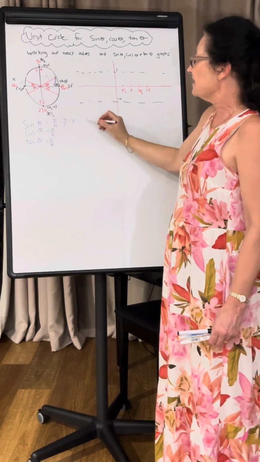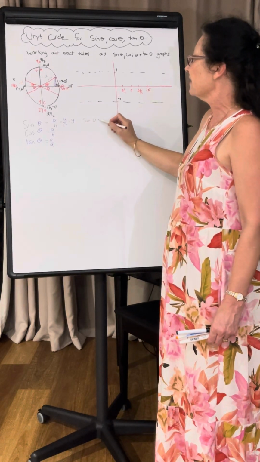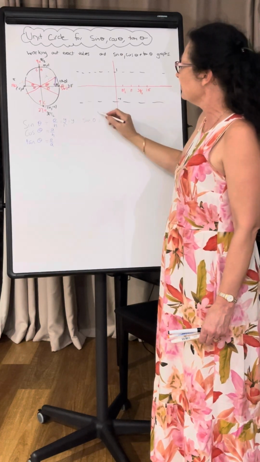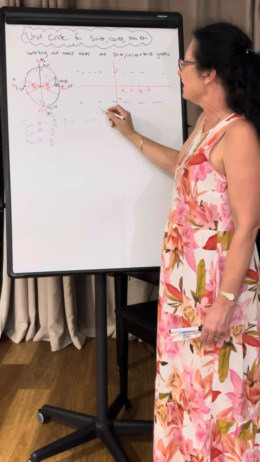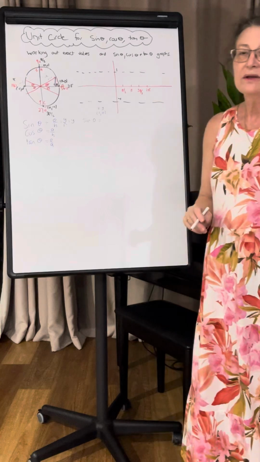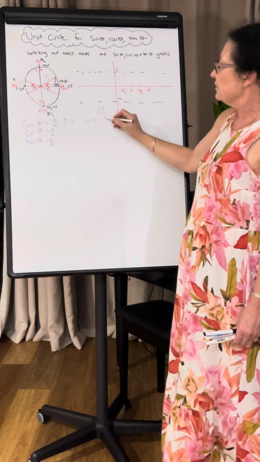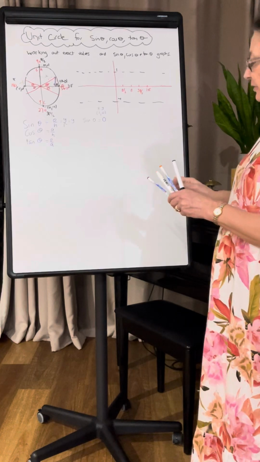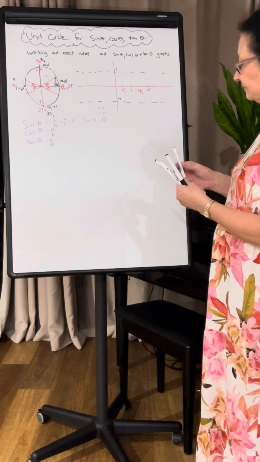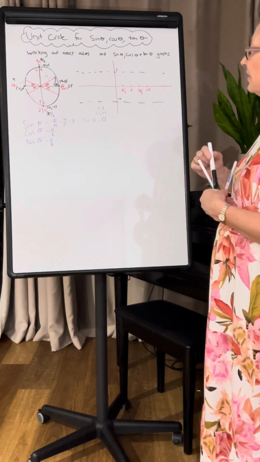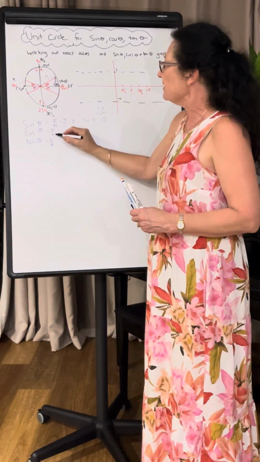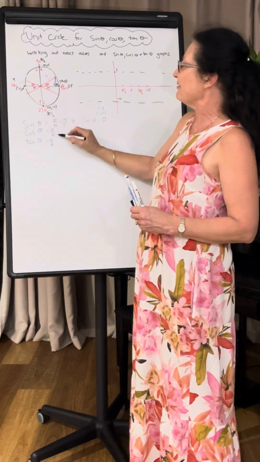Let's have a look at sine 0, just to be easy. Sine 0, here the value is 1, 0. My x value, my y value. So sine of theta is your y, which is 0. If we have a look at cos theta, it is adjacent over hypotenuse.